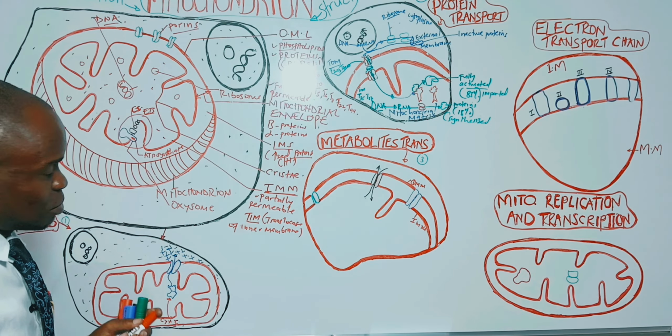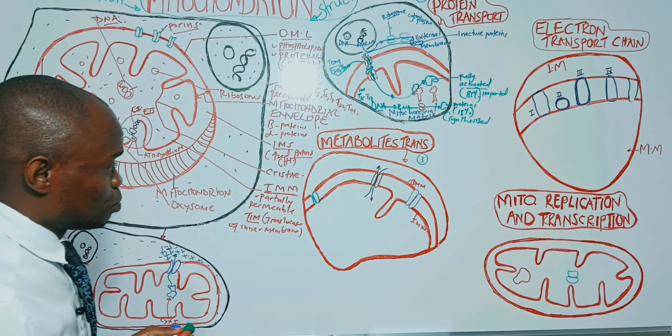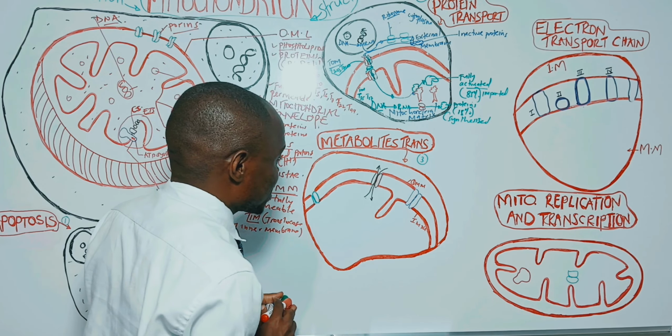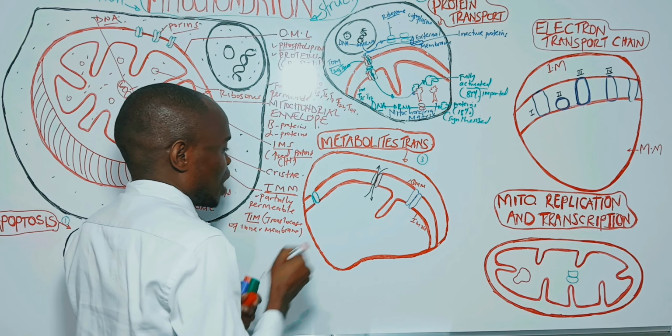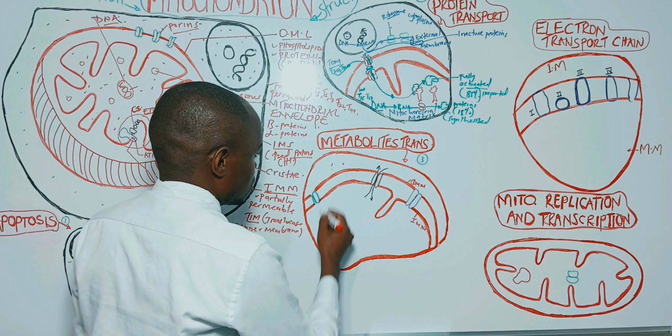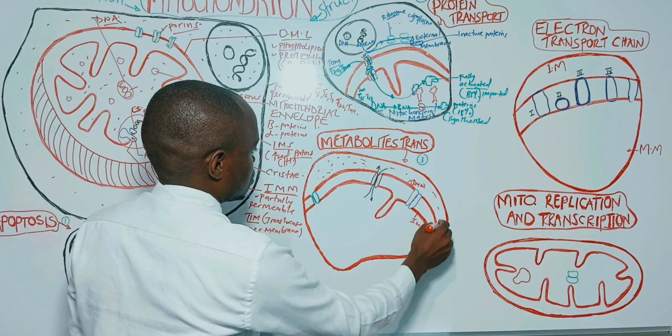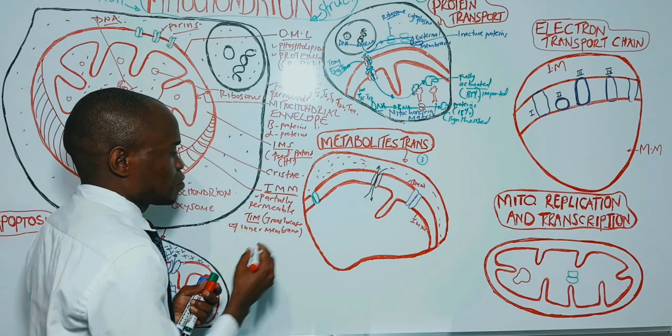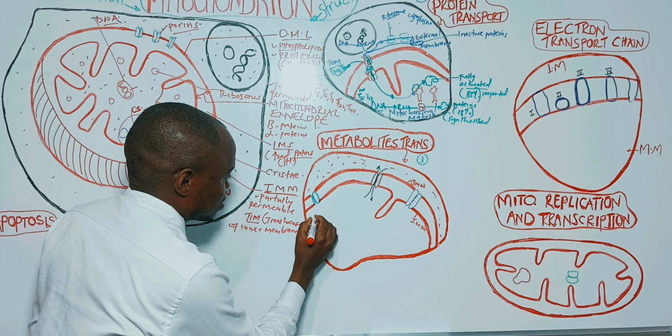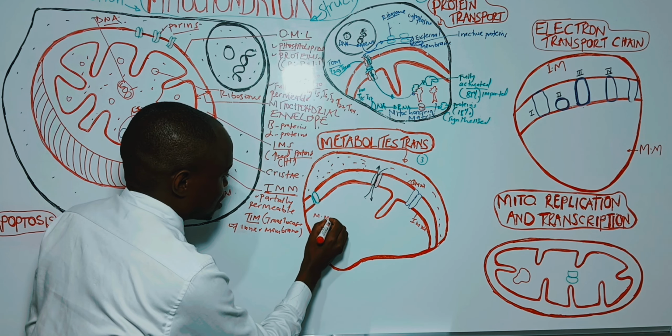What's going to happen here is something very interesting. Outside this is the cell, and this is the cytoplasm of the cell. Hope you're together there. This is the mitochondrial matrix.